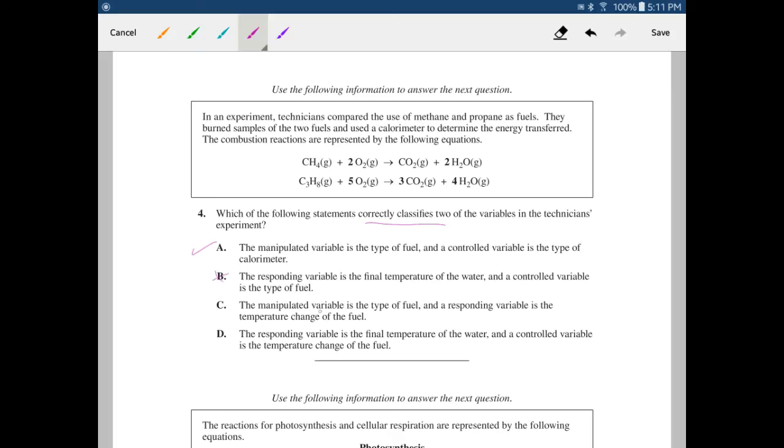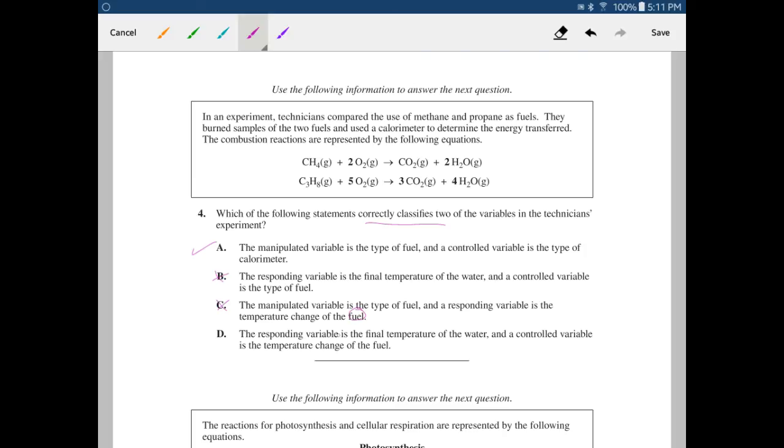Okay, the manipulated variable is the type of fuel, which is correct. And the responding variable is the temperature change of the fuel. Now, this isn't quite accurate either because the temperature change isn't calculated of the fuel. The temperature calculated is of the water, so of the calorimeter, or whatever entity is being absorbed by the calorimeter. So C doesn't quite make sense either.